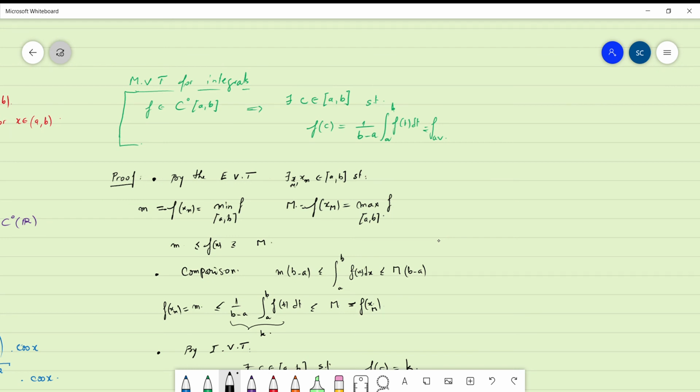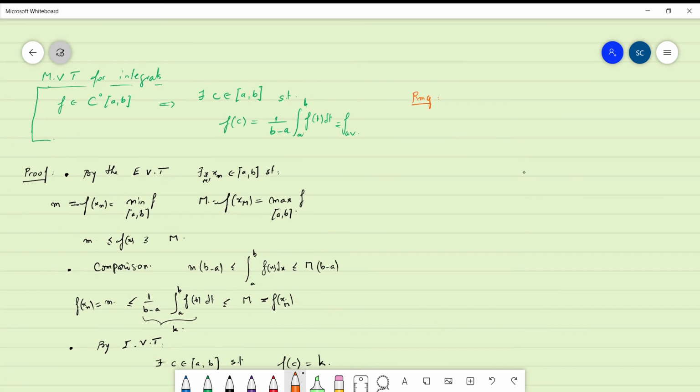Let's give it as a remark. The concept of average: you take n values and give the average, the average of n values.